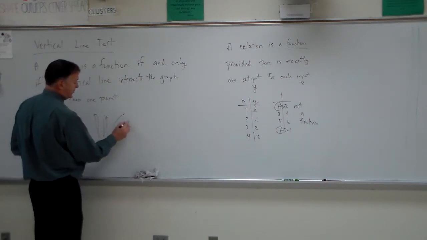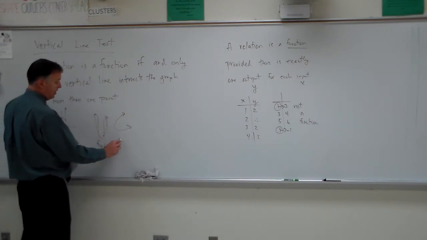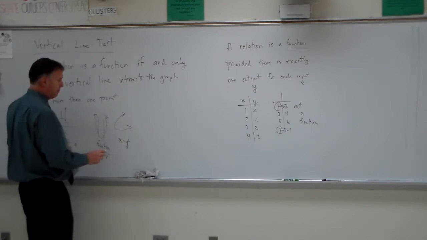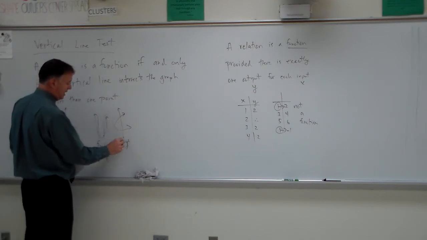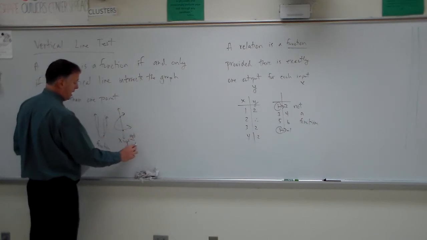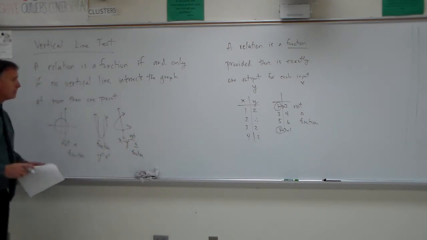This is y equals x squared. This is x equals y squared. We're not going to study it in this course, but this is not a function, because one x has two different y's.